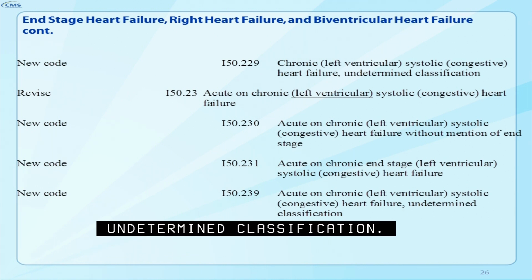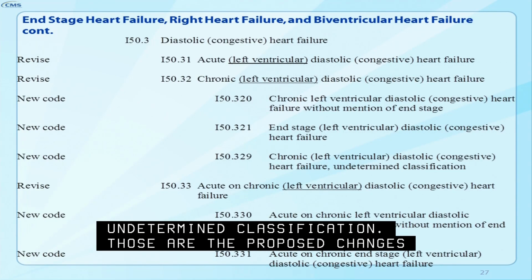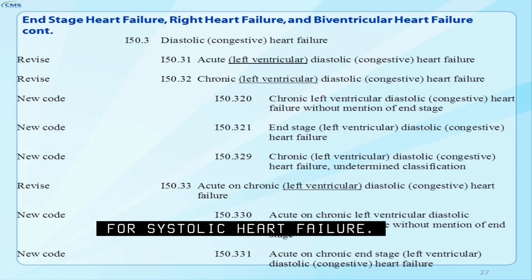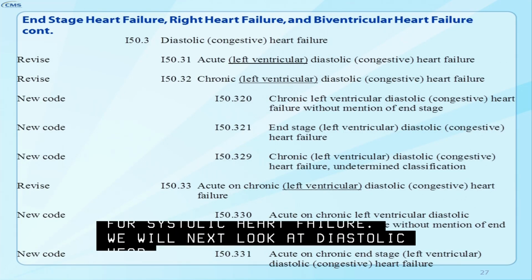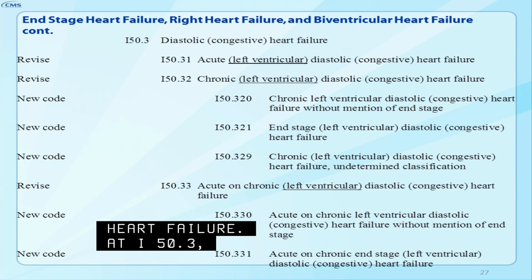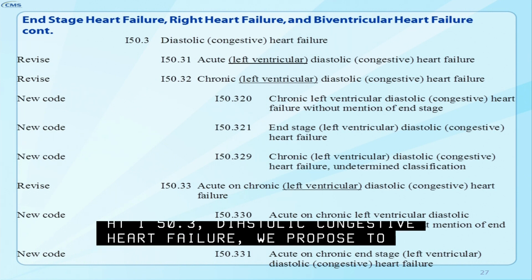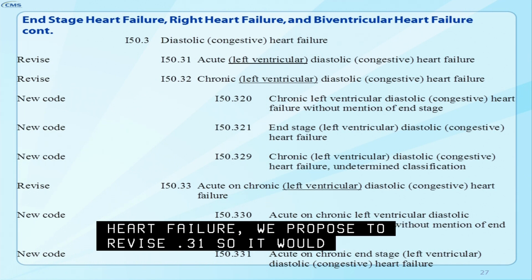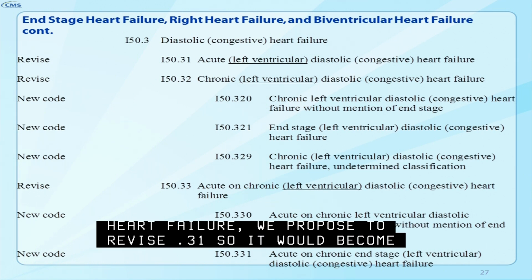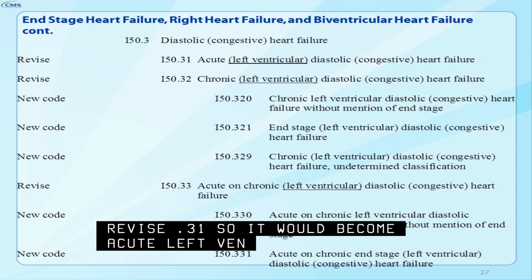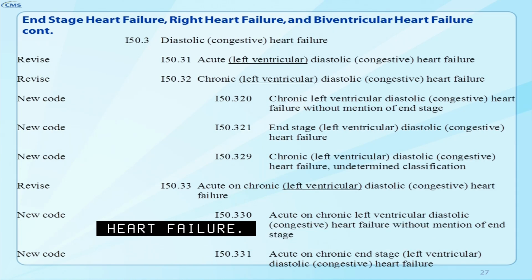Next, we'll look at diastolic heart failure. And at I-50.3, diastolic congestive heart failure, we would propose to revise I-50.31, and so it would become acute left ventricular diastolic congestive heart failure. We would revise I-50.32, so it would become chronic left ventricular diastolic congestive heart failure.